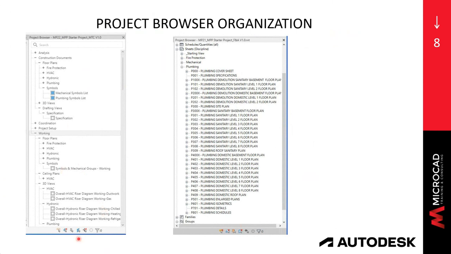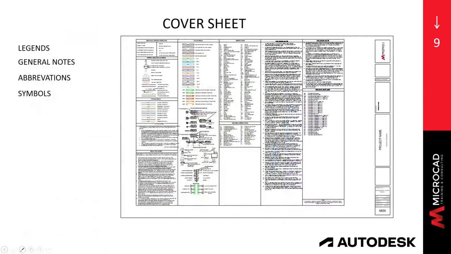Next thing that you definitely want to create in your template environment is your cover sheet. And your cover sheet should contain your legends, your general notes, your abbreviations, your symbols. All that should be done once for the template. And then, yes, I do know and I do understand that not all projects have exactly the same general notes, but the edits of that big text that are the general notes are minimal.